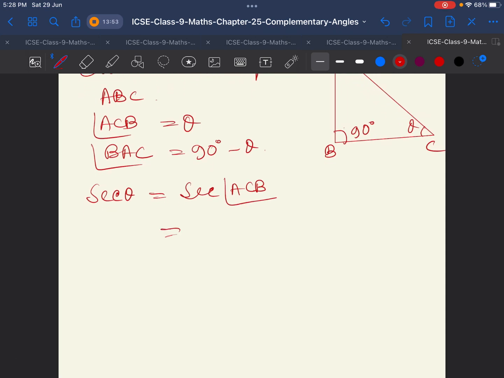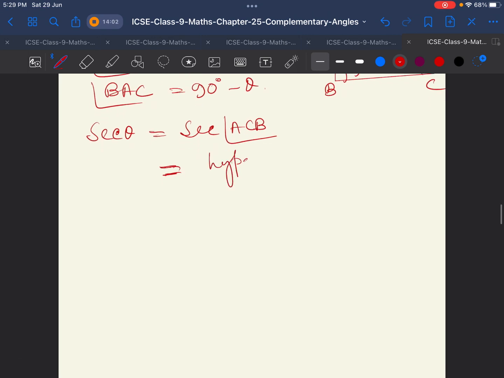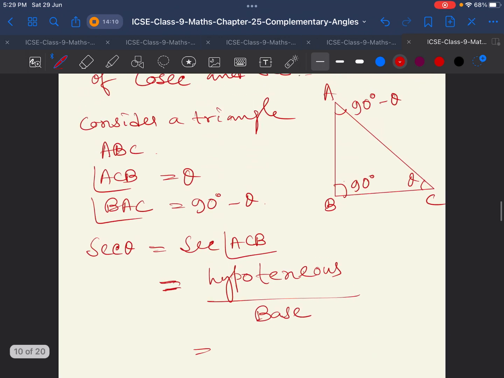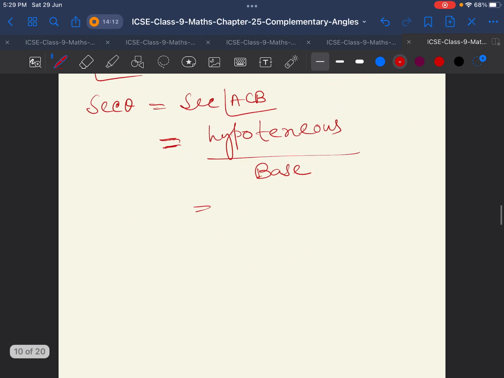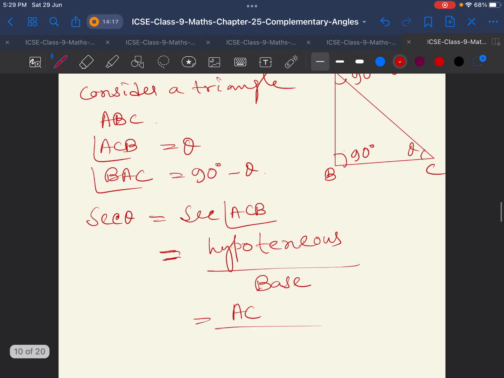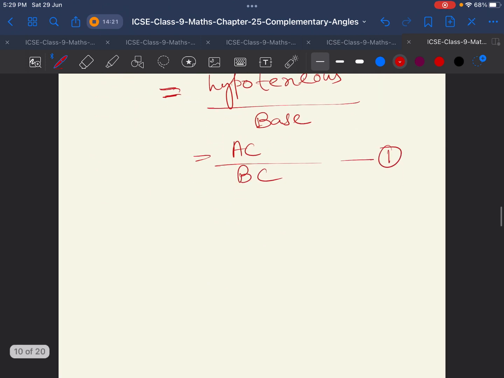So you know sec theta equals hypotenuse by base. Okay, so here hypotenuse is AC and for this angle theta the base is BC. So this is 1.